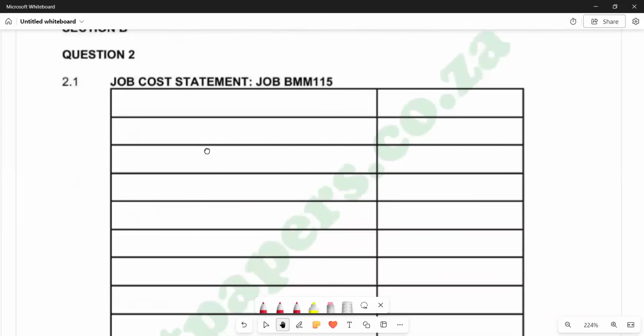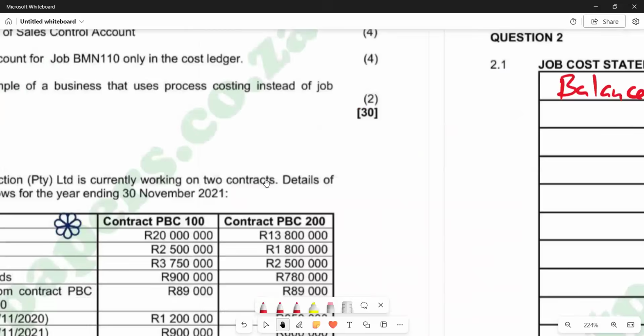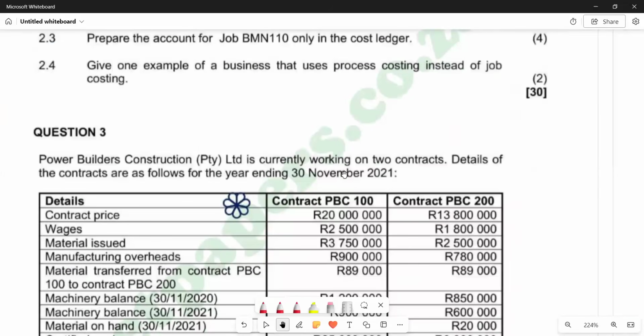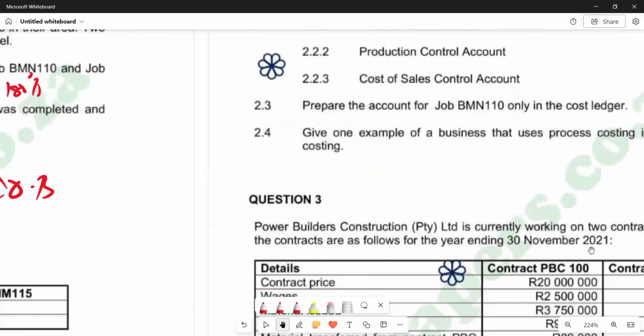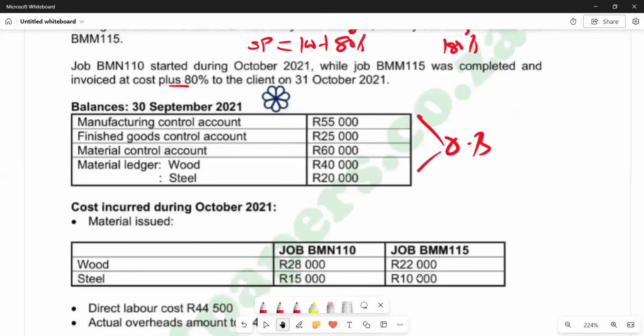Basically, we are going to start with the opening balance, which is our balance BD. Our balance BD will be here. Where do we find it? We go to the question and look at the beginning of the question. If you come here, you'll see our opening balances, like what we have indicated.